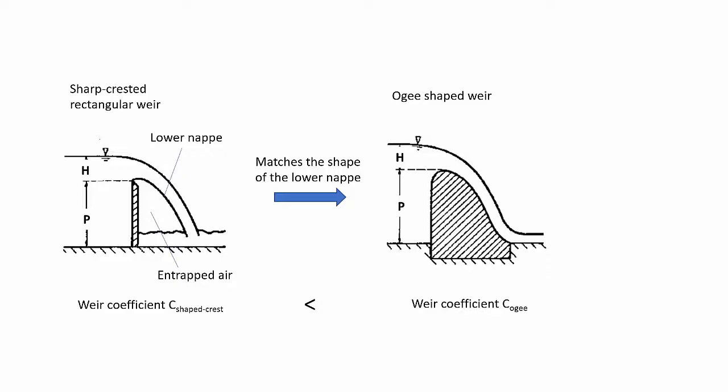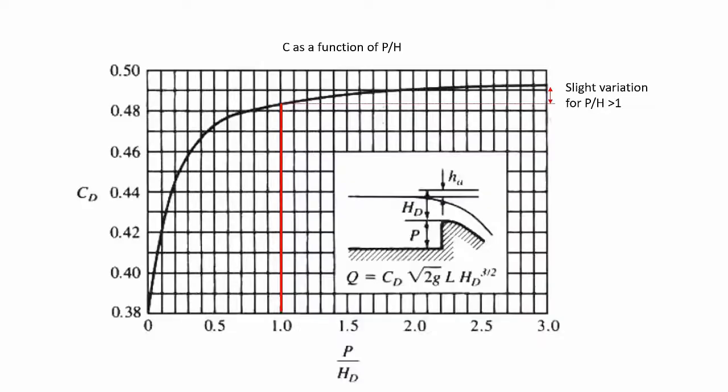That could cause a decrease of the efficiency of the water transportation, resulting in a decrease of the weir coefficient. To avoid that, an ogee shape weir is again preferable. You will observe this phenomenon when you study the sharp crest weir in this experiment.